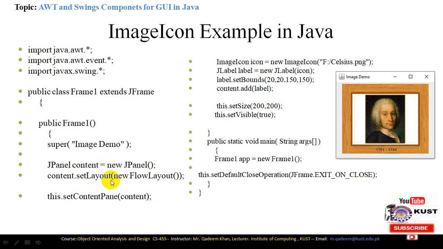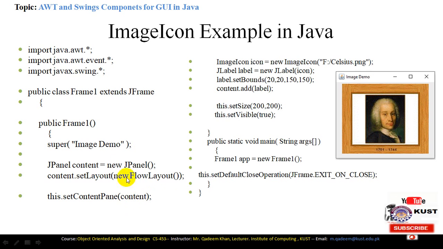the different controls which are added into the JPanel are in a free flow layout. That means the first control will appear on the top and the second one will appear on the bottom. But when we resize the window, the controls may appear one after the other in rows. Next, this.setContentPane(content).